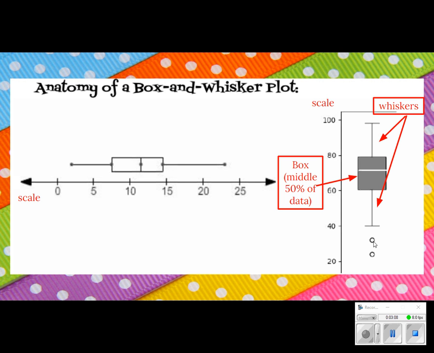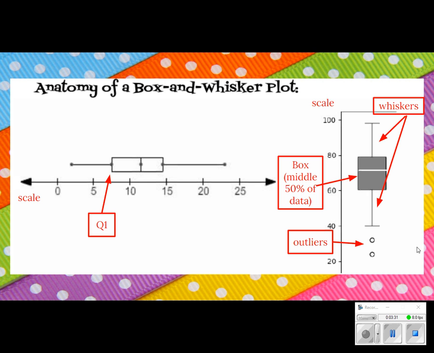The whiskers, of course, go on either side of the box, and you can have 2 whiskers, but you could also have 1 whisker or even no whiskers. For the graph on the right, see the little dots that I'm pointing to here? These are outliers.